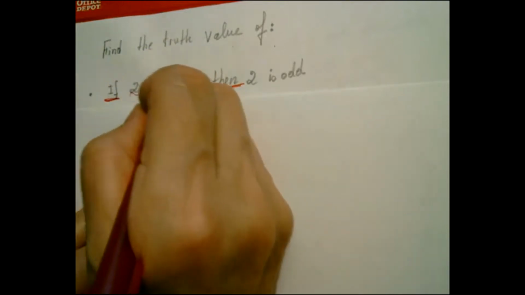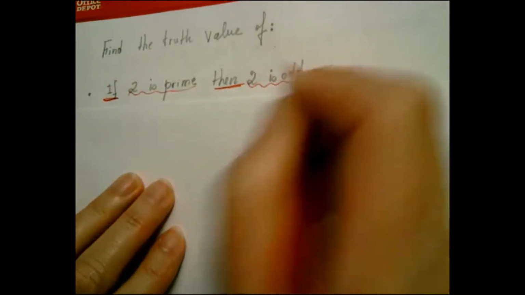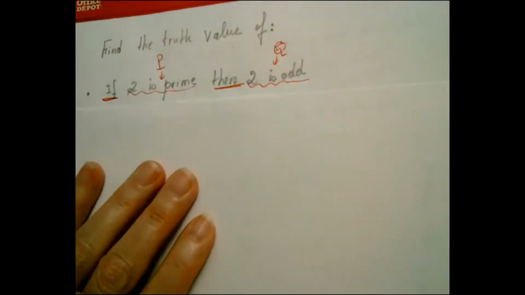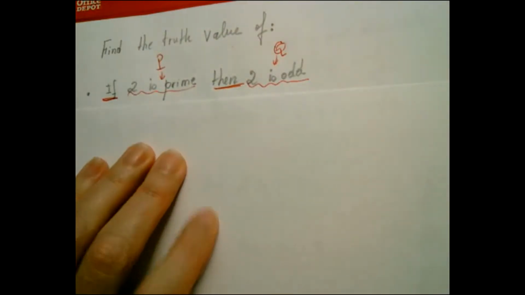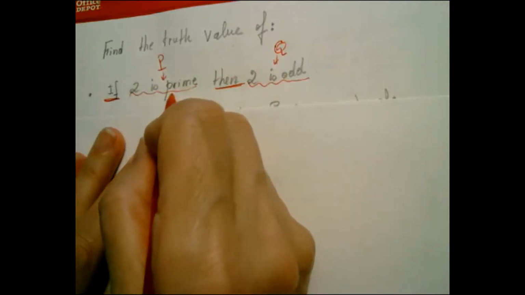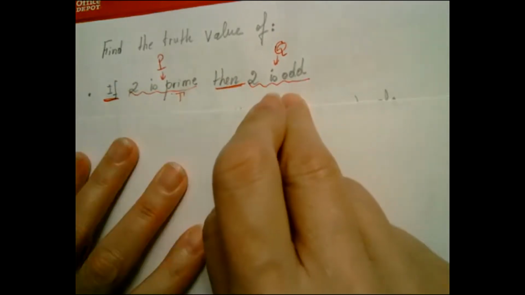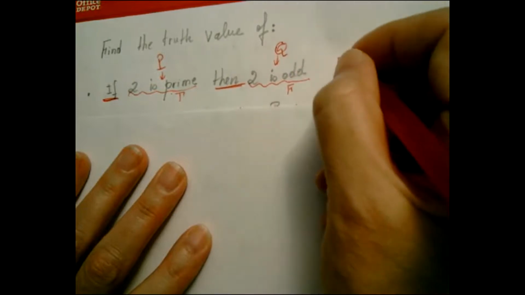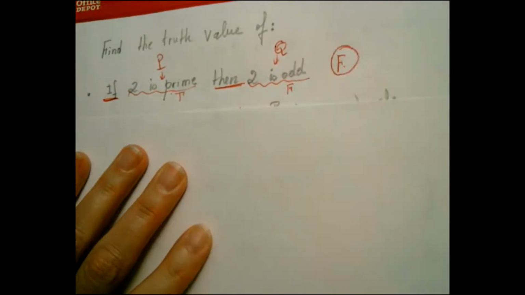This is my P here, and this is my Q. That's my hypothesis, or my premise, and that's the conclusion. Is this a true or false statement, according to the truth table? False, because is P true? Yes. Since this is true, everything will depend on Q. Q is false. That's a false statement. So that's if P then Q, absolutely a false statement.